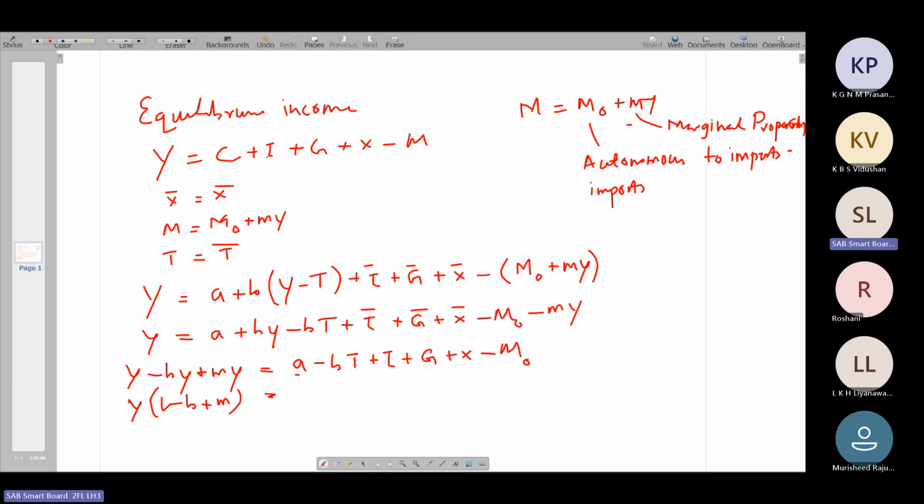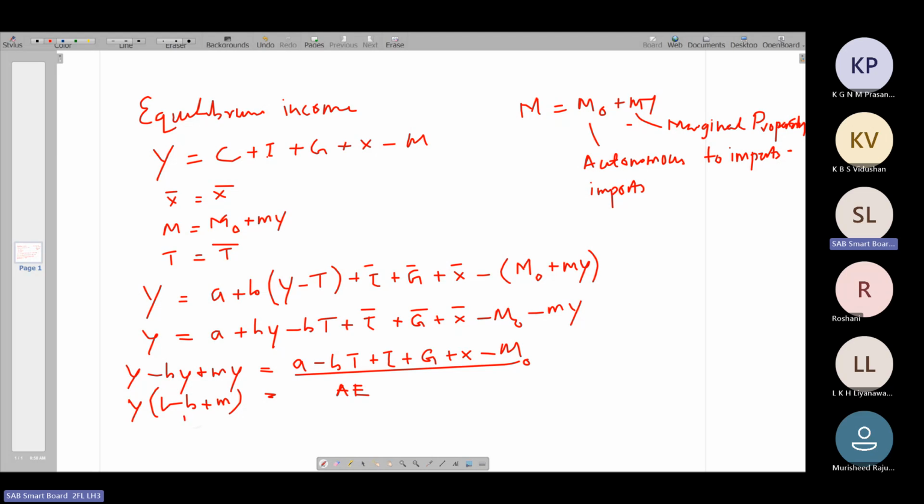These right-hand side variables we call autonomous expenditures, right? All these expenditures are autonomous: tax, lump sum tax, government expenditure, exports, imports, and A is also autonomous.